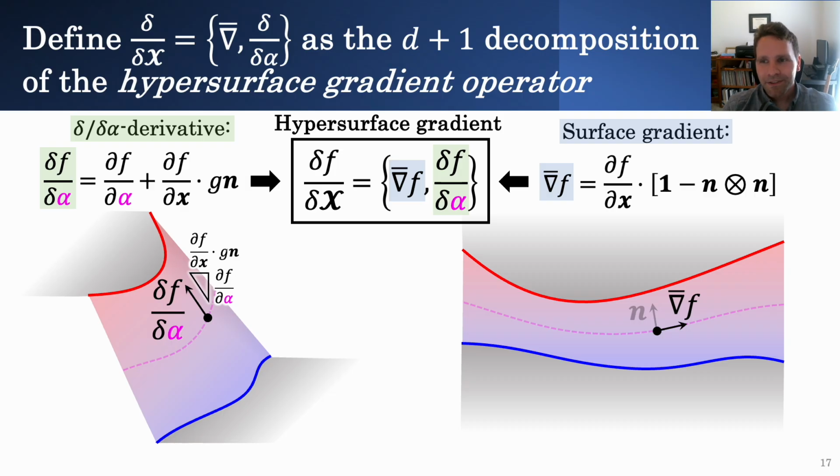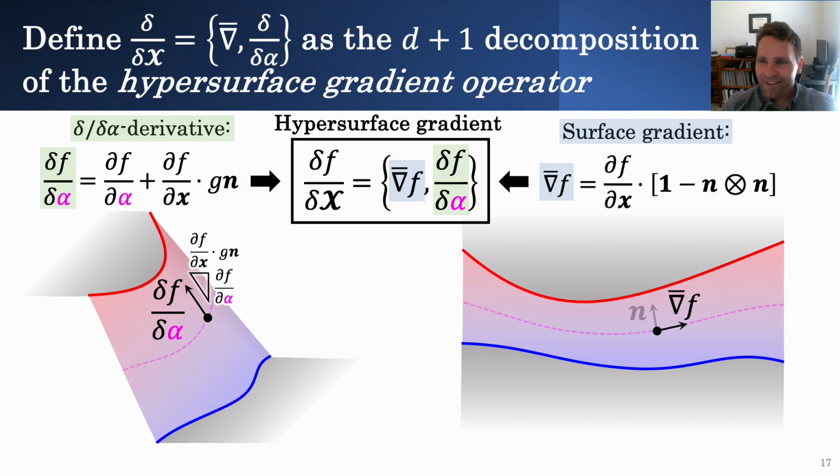So the problem is, if you're dealing with these delta alpha derivatives, as you would have in defining your gap function or your differential gap function, when you try to take variations of that expression, you might be tempted to say that such a variation can be expressed purely in terms of this delta alpha derivative.